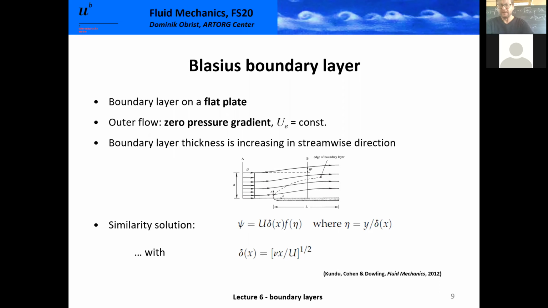And we know that from a stream function psi, if we take the derivative with respect to y, d psi dy gives us velocity u. And if we take the derivative with respect to x, or minus d psi dx, we get velocity v. So from this ansatz, we can write down expressions for u and v.